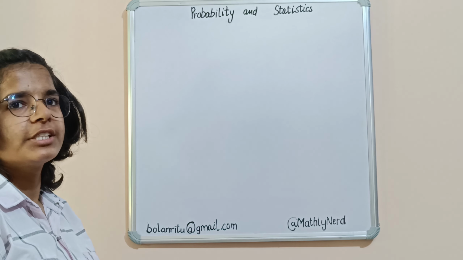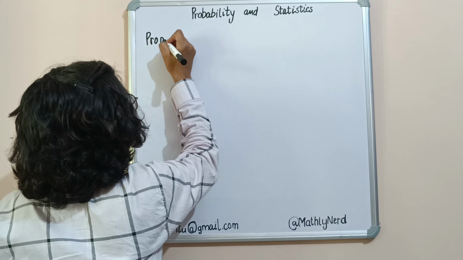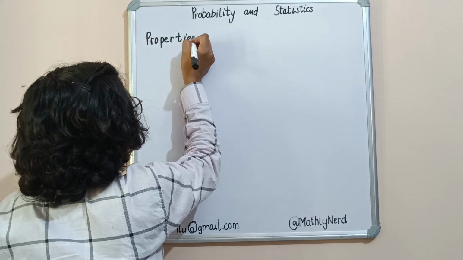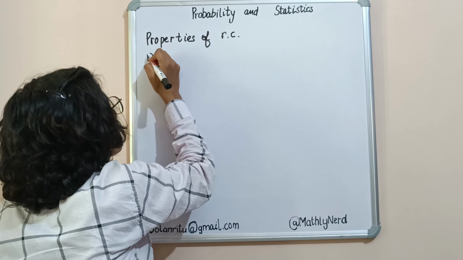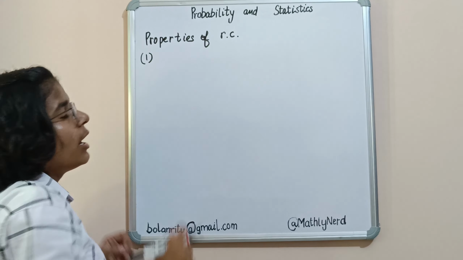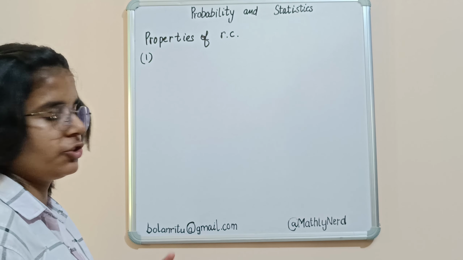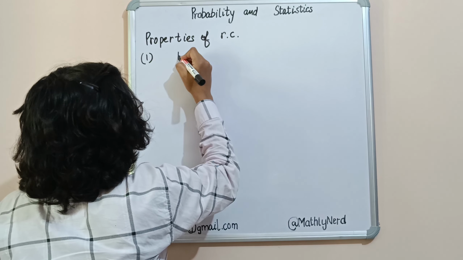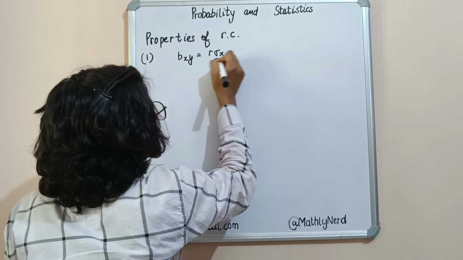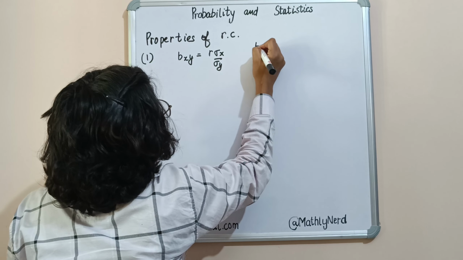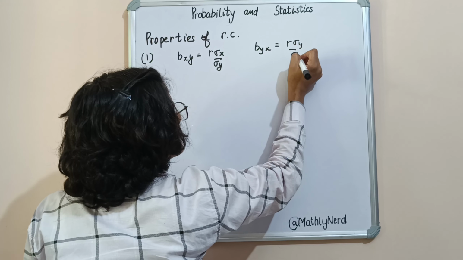Properties of our regression coefficients. The first property is that our correlation coefficient is the geometric mean of the regression coefficients. The regression coefficients are bxy, which equals r sigma x by sigma y, and byx, which equals r sigma y by sigma x.